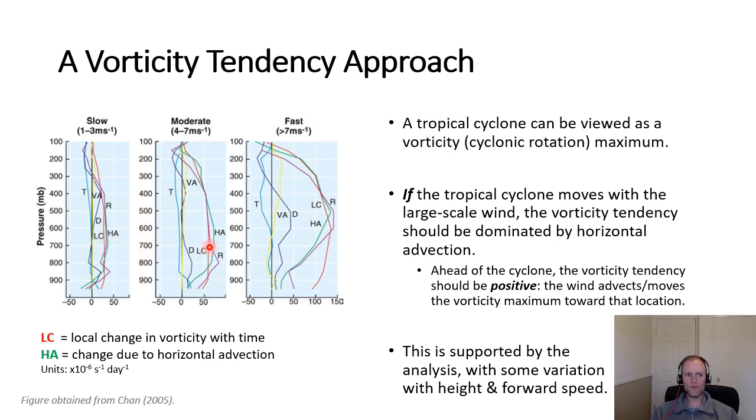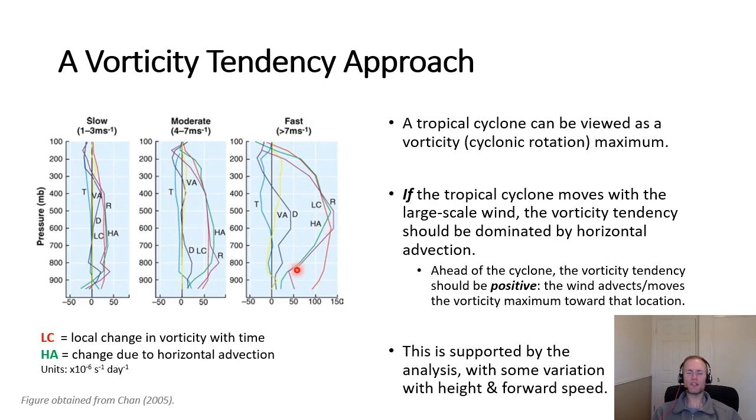This suggests that the total vorticity tendency, the total change in vorticity out ahead of the tropical cyclone, is primarily governed by horizontal advection, which leads us to say that the large-scale wind that advects or moves the cyclone from west to east or east to west, depending upon the particular latitude, is the predominant factor that governs tropical cyclone motion.